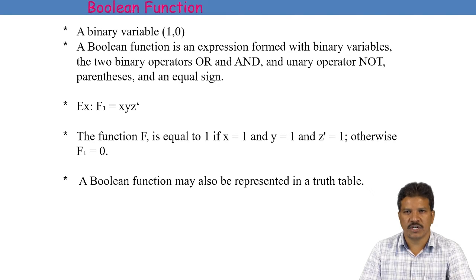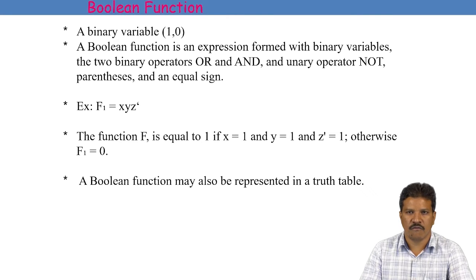A Boolean function is an expression formed with the binary variables, the two binary operators, OR operator and AND operator, the unary operator NOT, parenthesis and an equal sign. These are all combined together to form a Boolean function.